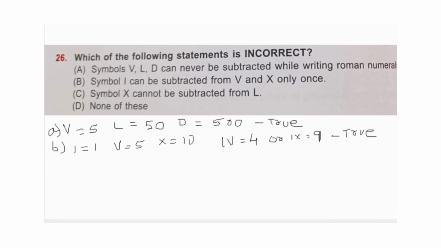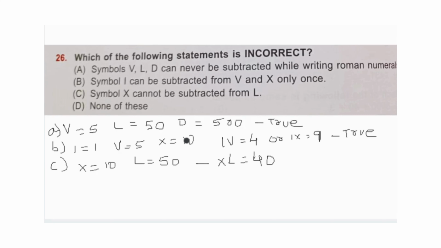Let's go to option C. Symbol X cannot be subtracted from L. Symbol X is 10 and L is 50. You can always write XL, which is going to be 40.